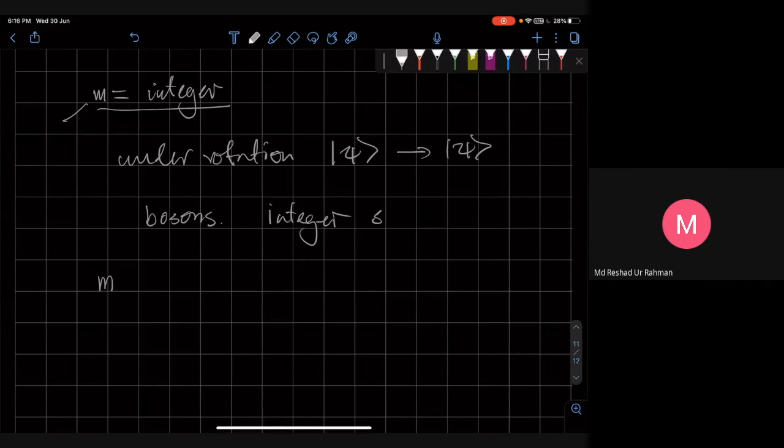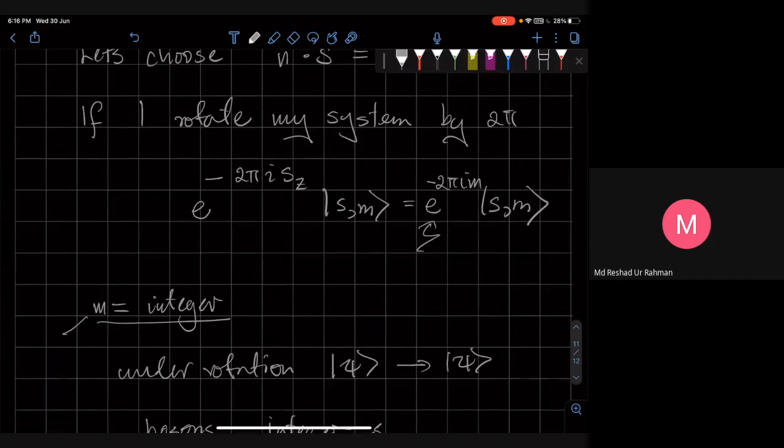The spin is integer. But if m is half integer, then we see that this is going to be -1, because if it's 3 halves, then this 2 will cancel with the half, and we'll be left with an odd number of rotations by pi, which is going to give me a -1.